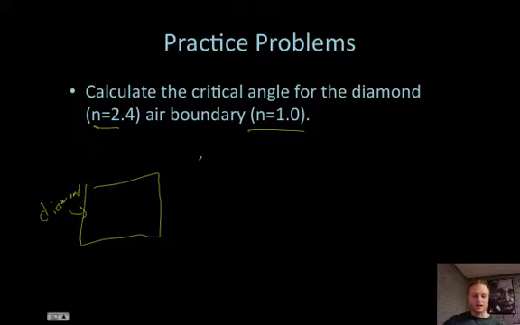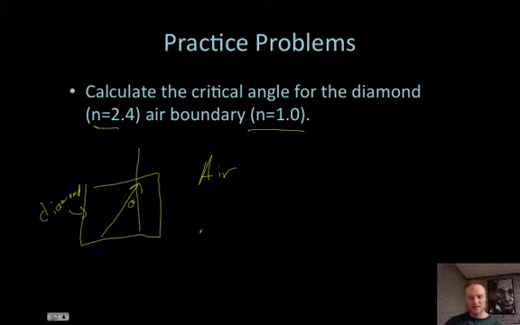It's going into air, and we'll say we have air here. Let's say this light ray is headed out right here. That's the normal line that I'm drawing. I'm wondering what angle this light ray has to travel at so that it is stuck in the diamond, so that all of the light reflects.